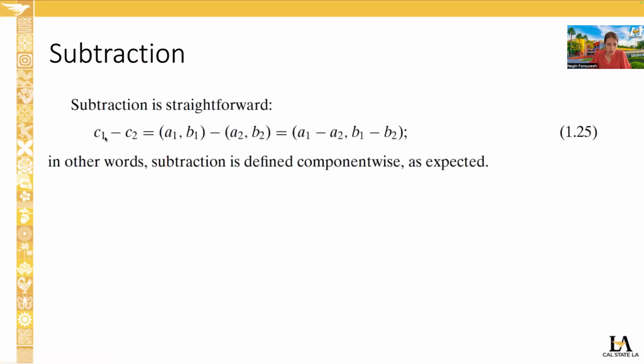So instead of subtracting C2 from C1, you can look at it from the addition point of view. So you have this number minus this. So you just simply find the difference between A1 and A2 and then B1 and B2, right? It's like addition when you multiply -1 to the second number.